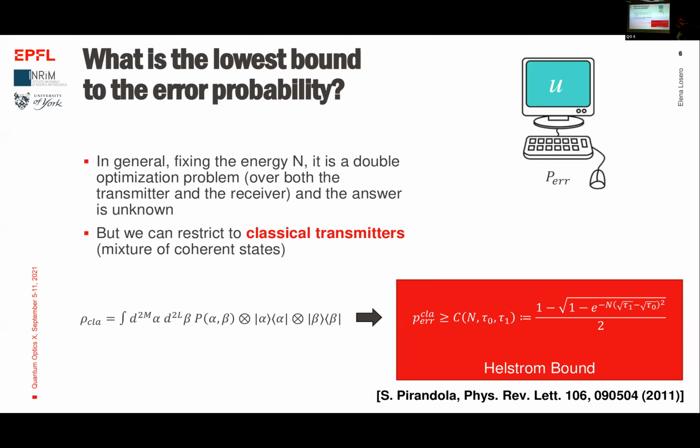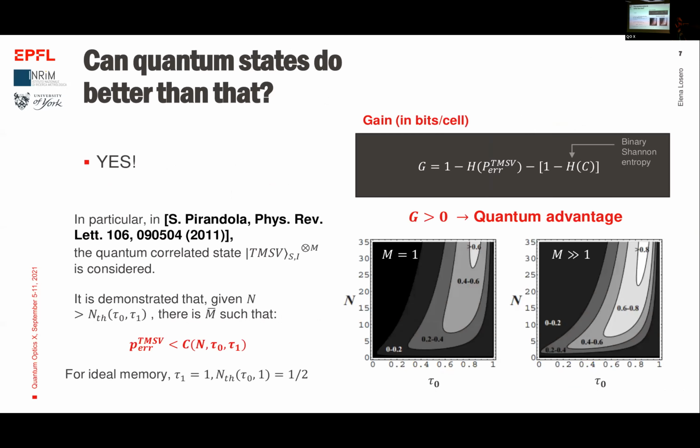What is even more interesting is that this bound can be surpassed if we use quantum states of light. And in particular, if we use the quantum state of light I presented at the beginning, we can do better than what we can do with classical states. The figure of merit that the authors introduced here is called gain and is written in terms of the binary Shannon entropy.